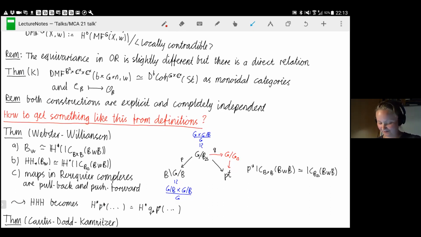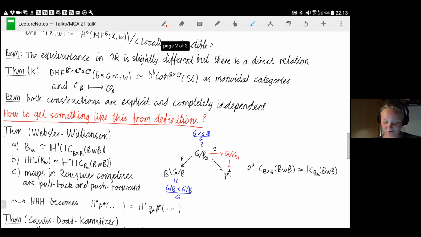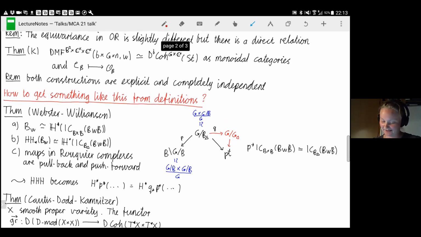Instead of pushing directly forward to a point, I push forward to the G quotient, and then I push forward to the point, because then something interesting happens when I try to play this associated graded game.